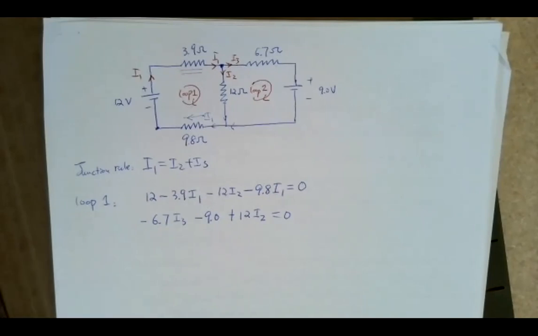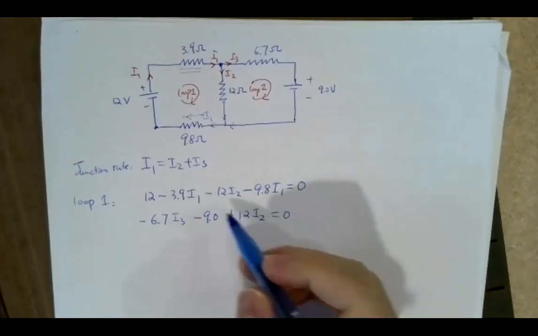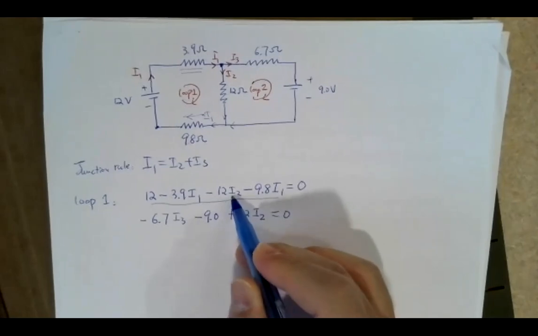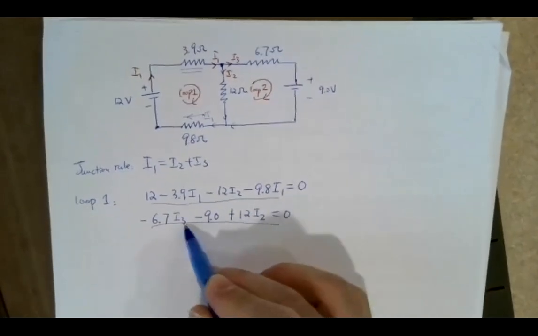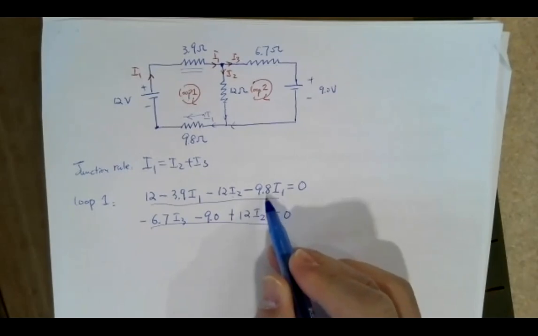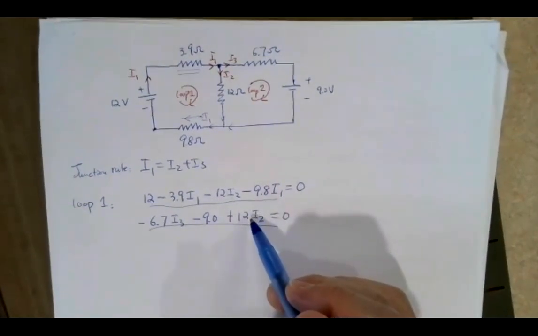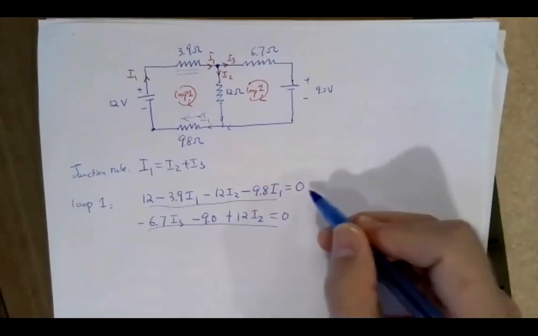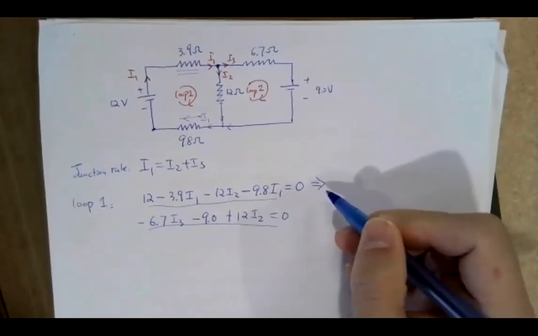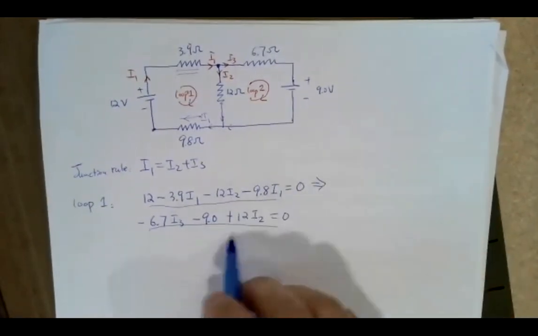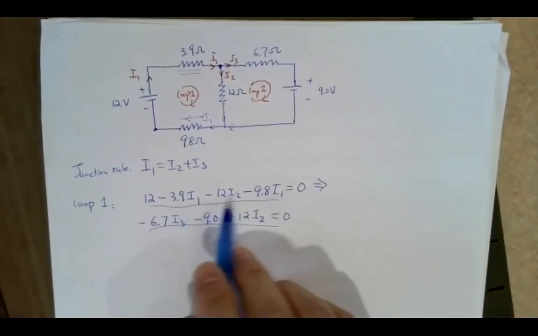So let's take a look here. In this equation, you have I1 and I2. In this equation, you have I3 and I2. So in both equations, the common current is I2, so you can write the other unknowns in terms of I2. In this case, you can write I1 in terms of I2, which means you isolate I1 to one side.